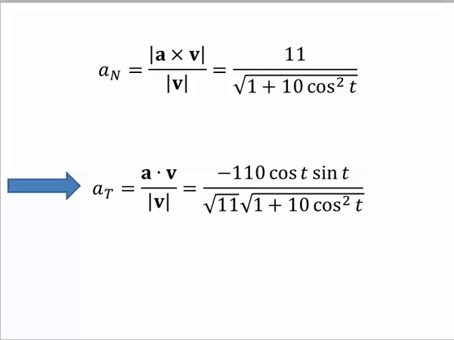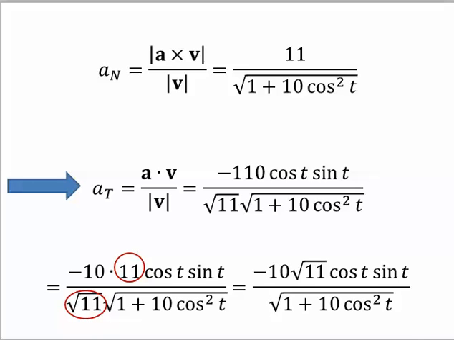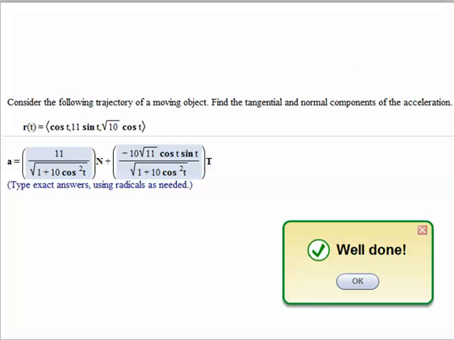And so I put that into my formula, and then notice that the numerator can be broken up into 10 times 11, and then that allows me to do some additional simplifying. And so I've got my normal component, my tangential component, and I'm ready to go back to my homework and input those answers, and I'm told that I did a good job.